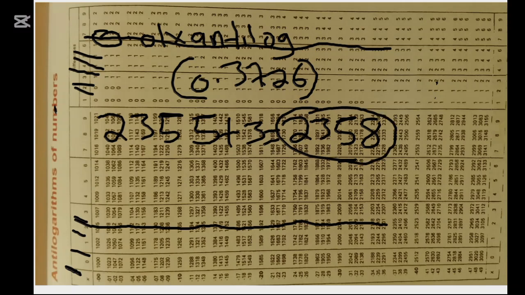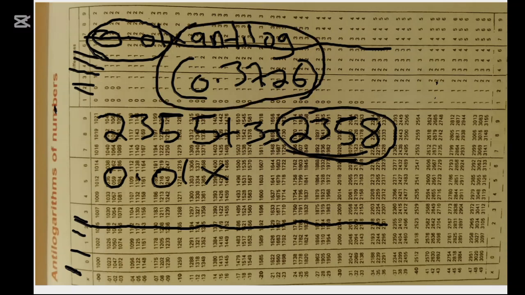After that, I'm going to say 0.01 multiplied by the antilog of this that I already found. So I will multiply by 2,358.